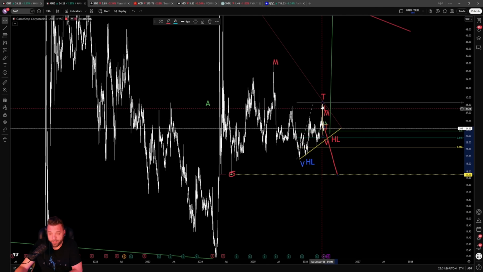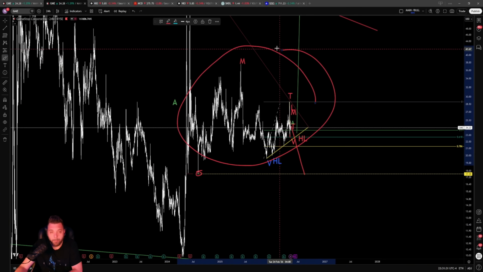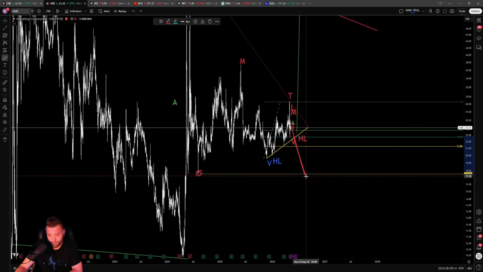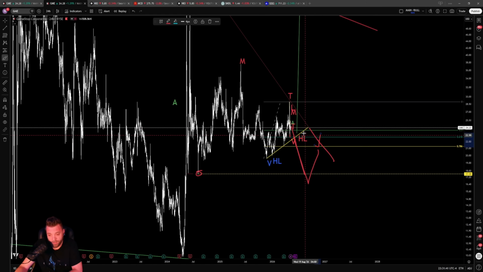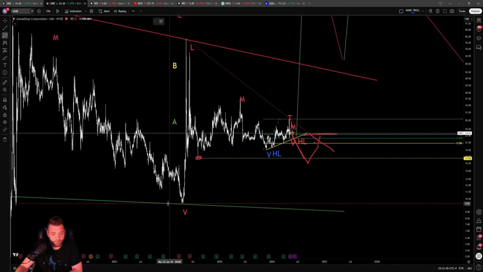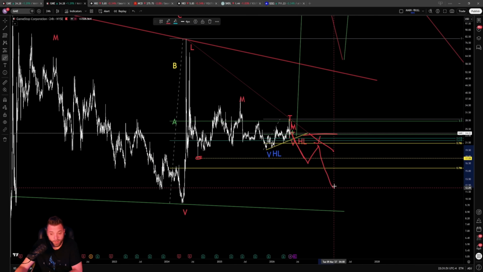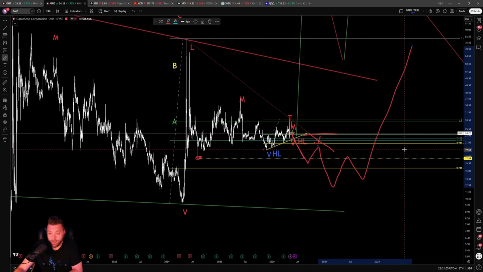Only problem with this is, this T is just a small t of this M. That means 17 would be the end. You will come down, knife to 17, will come up again. Then you're doing the real T of this whole thing, and your end target for this whole thing would be 1550 or something below that. Then you have to do the higher low, and then you go.